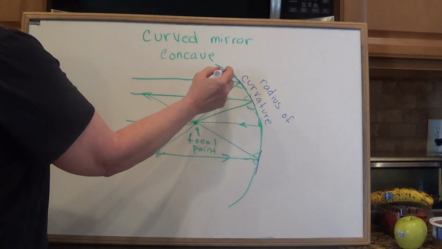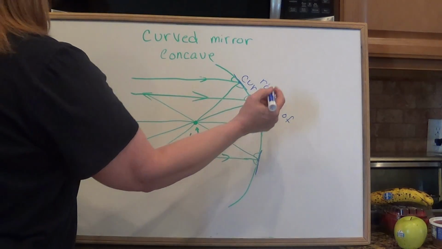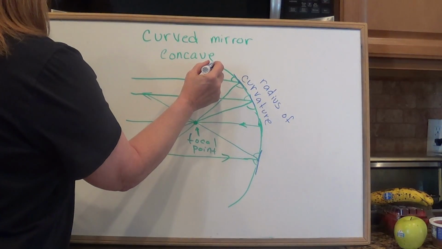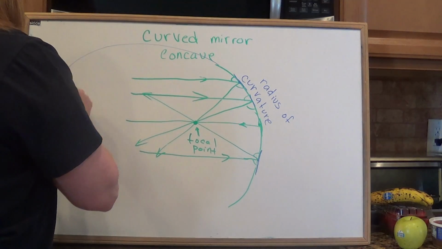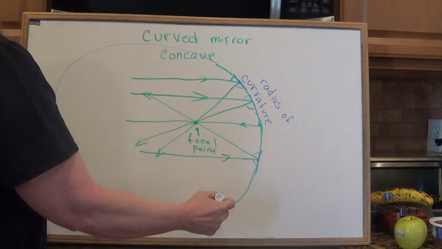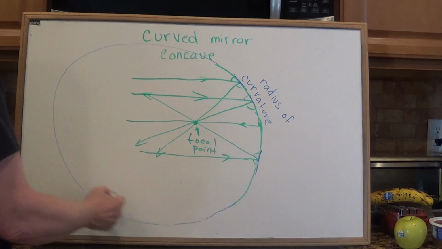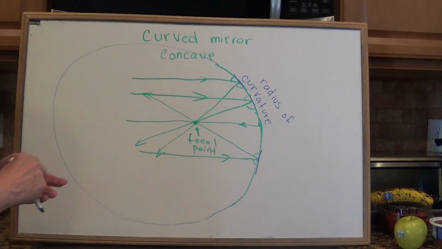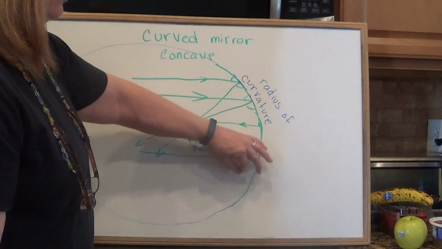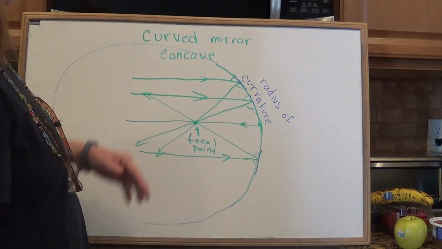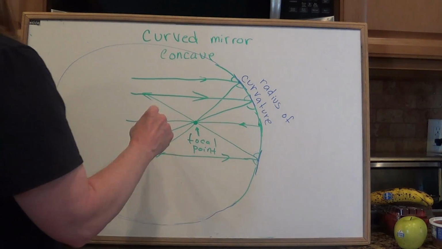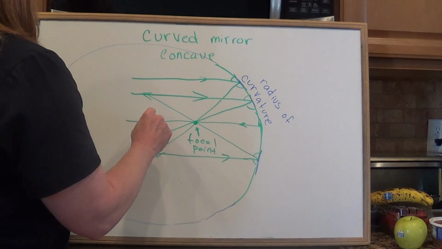Imagine that I draw a perfectly round circle that includes this curvature of the mirror.